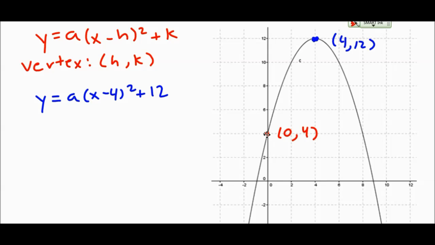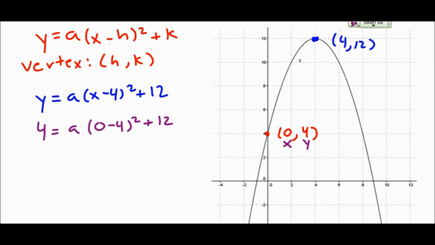And we can see that it's obviously on the graph because it goes to the y-axis and this little cross section here. So what I'm going to do is plug in 0 for x, 4 for y, and then use that to solve for a. So let's give that a go. So that gives me 4 equals a times 0 minus 4 squared plus 12.